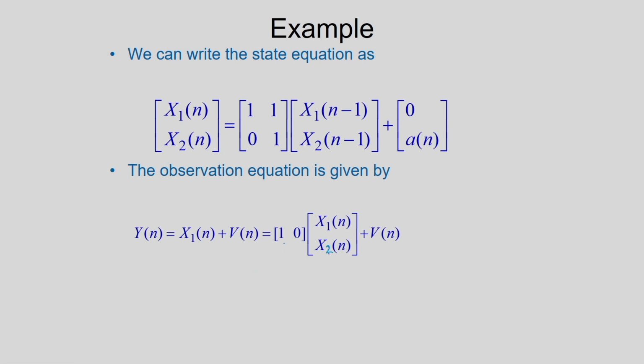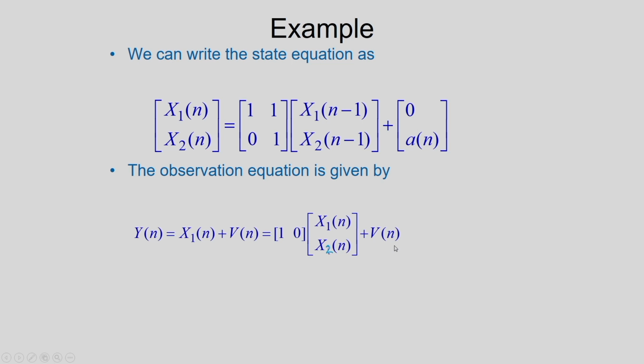If I multiply 1 0, that is the C matrix, into the state vector x1 n x2 n, then 1 into x1 n plus 0 into x2 n, and we will get simply x1 n, plus v n. So, v n is the noise, and it will have a variance because it is only a single dimensional quantity. So, it will have variance sigma v square, which is equal to 1.